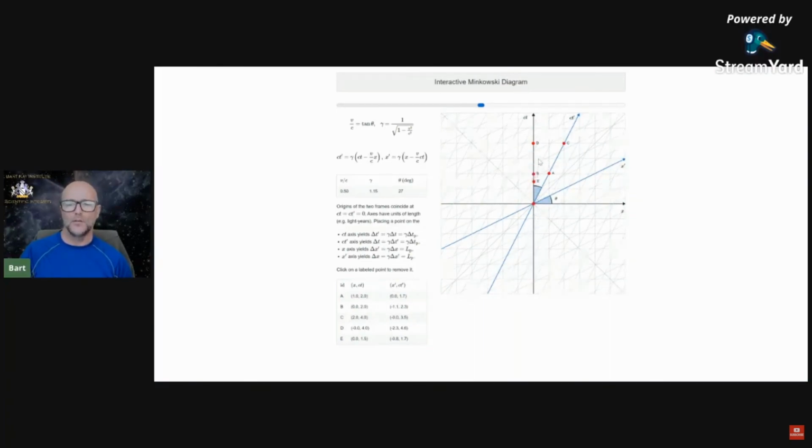So 1, 2, 3.5 years. Let's pop it about there and just sort it out until it's at the right point. 3.4, 3.5. There it is there. So F sits there. So C and F, A and E are the corrected conjugate pairs of events in time.